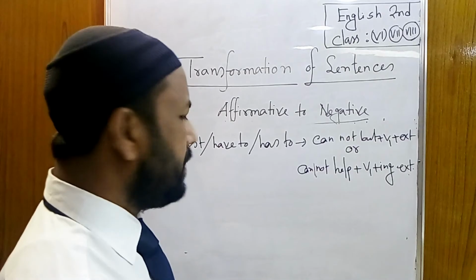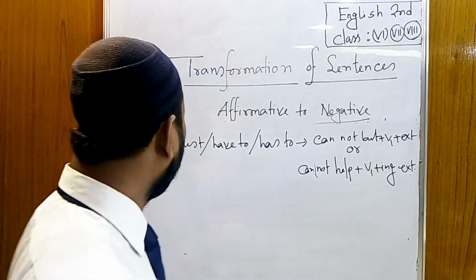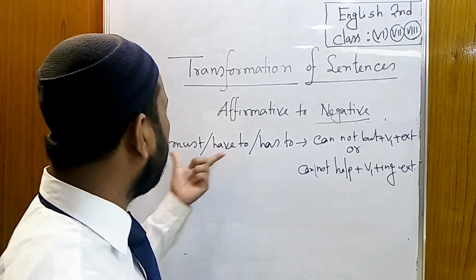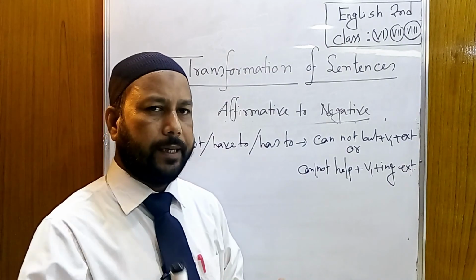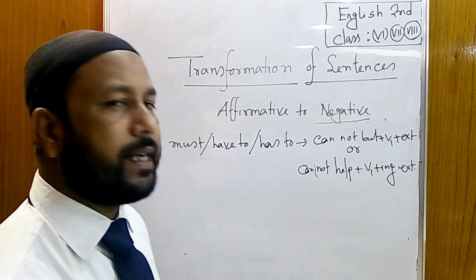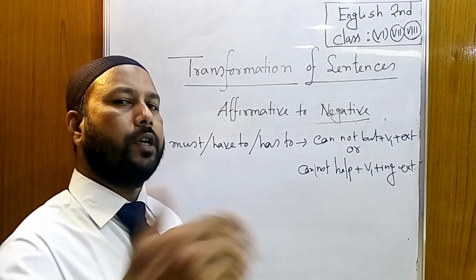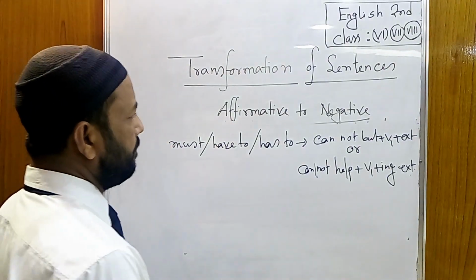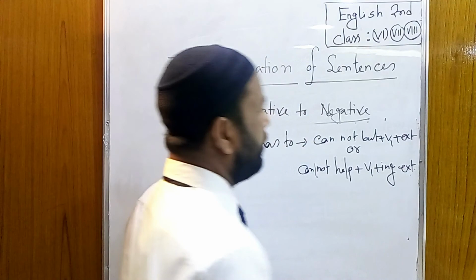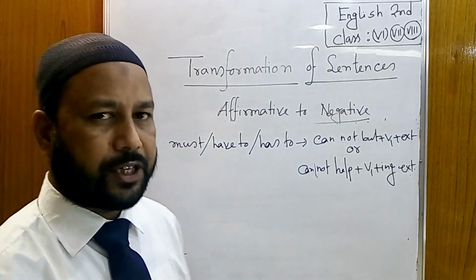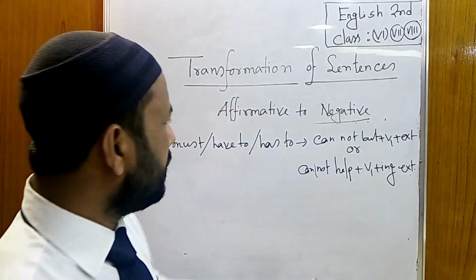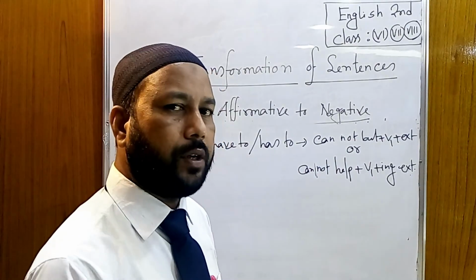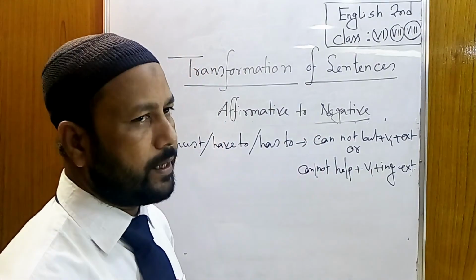Okay, my dear students, you can see I have written must, have to, has to. If you see must, have to, has to in an affirmative sentence, how will we convert this sentence into negative? Cannot but, verb with base form plus extension, or there is another way you can also convert this sentence into negative.